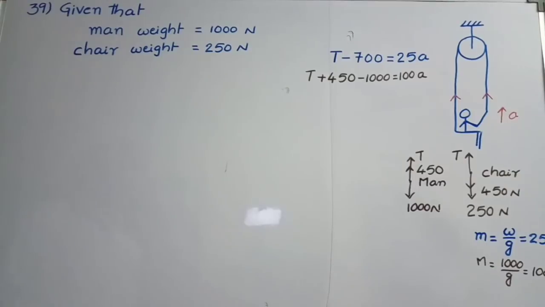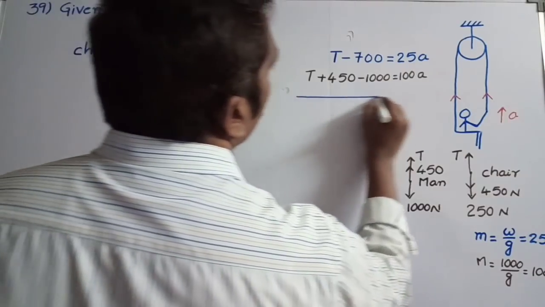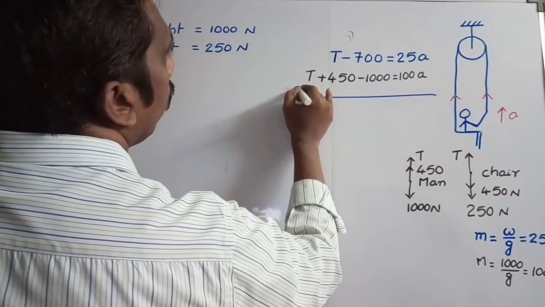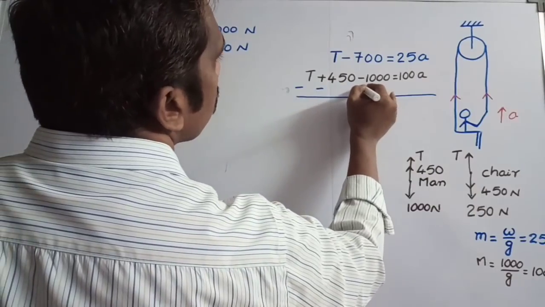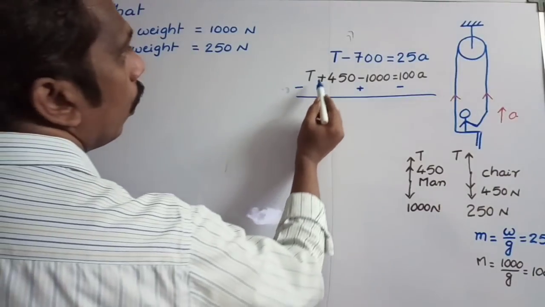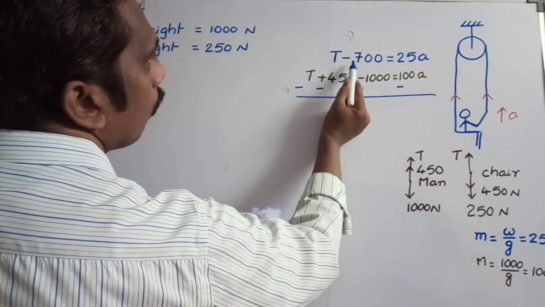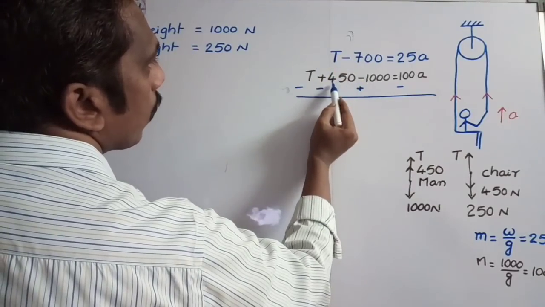We got two equations. To calculate the acceleration, subtract. While subtracting, plus T and minus T get cancelled. Here minus 700 is there, here plus 450.